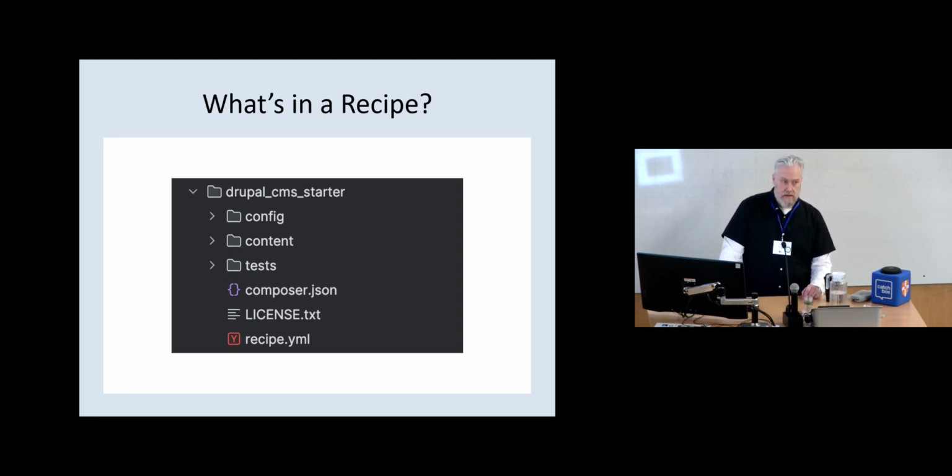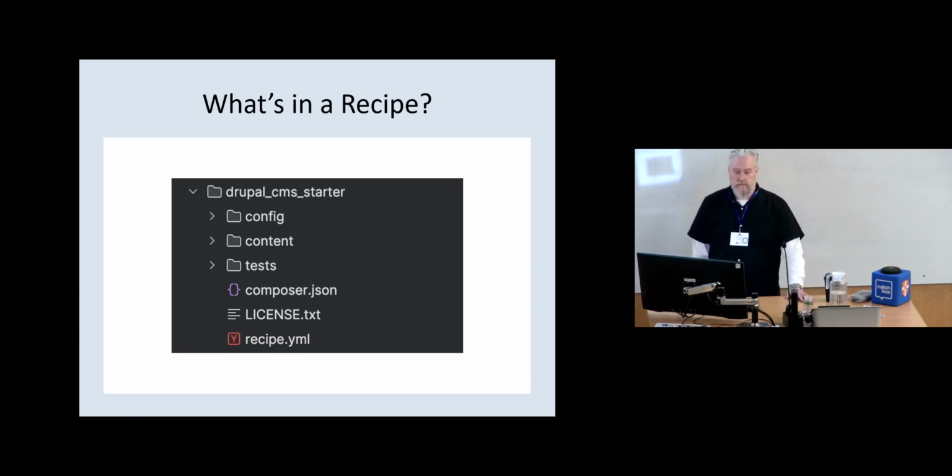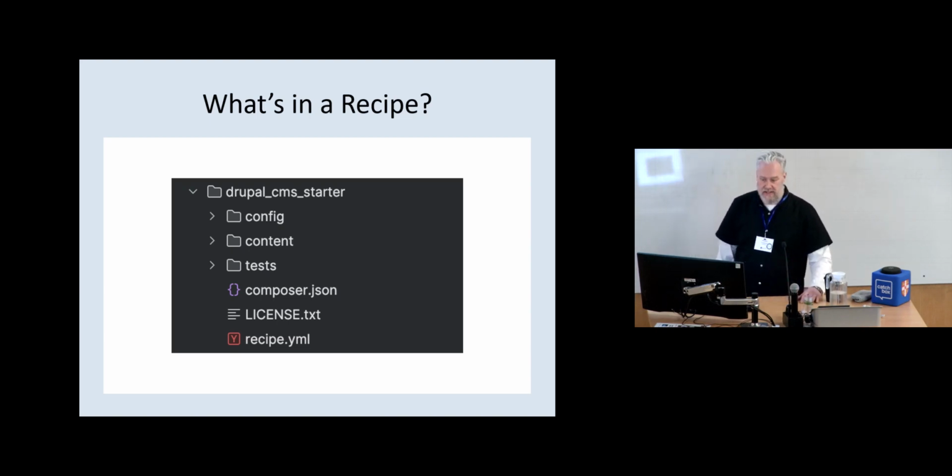The content, that is again YAML files, and it can be images, menu items, blog posts, these kind of things. Most of this stuff you can use something like the Default Content module to export your content, dump it into that, and then get your recipe to install it.